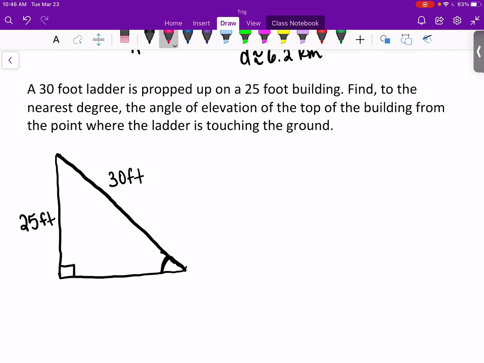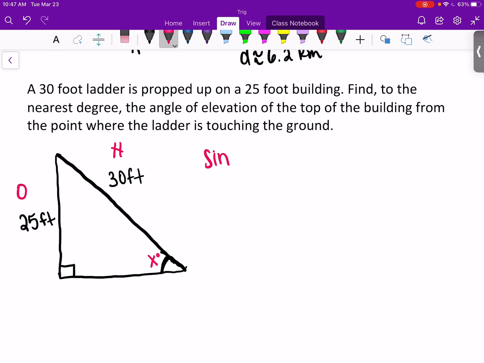So I'm going to mark it with an X. To find the measure of angle X, I can use sine. The building, which is 25 foot, is opposite of our angle, and the ladder, which is 30 feet, is the hypotenuse of our triangle. And sine is opposite over hypotenuse.